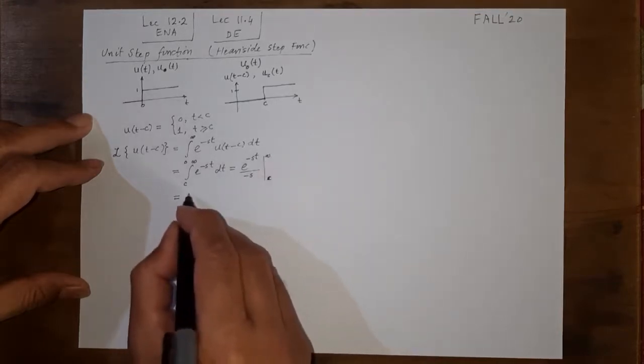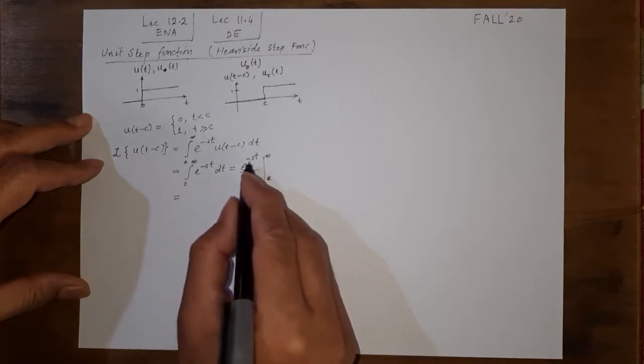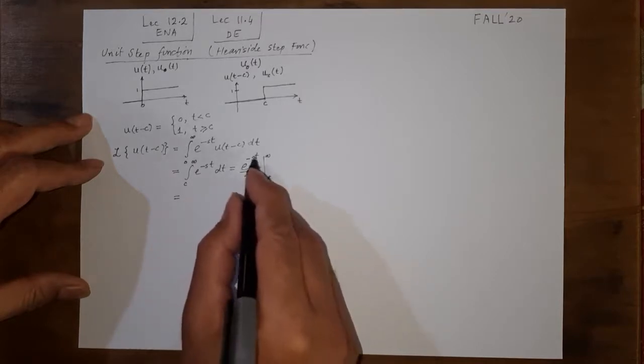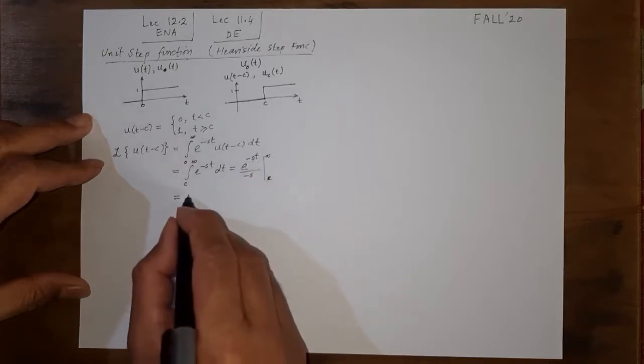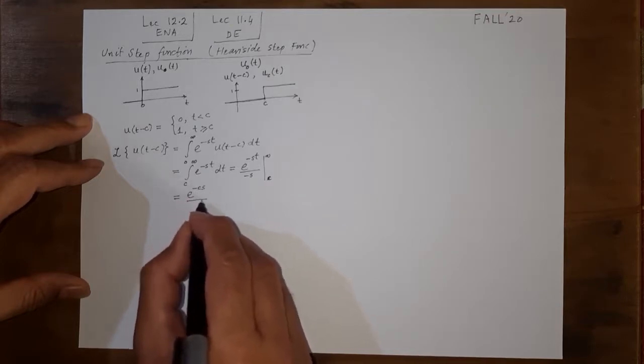When we put in infinity it becomes 0, and at c we get e raised to the power minus cs. So we get e raised to the power minus cs over s.